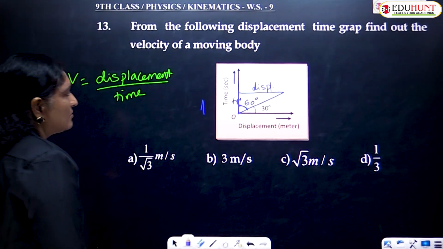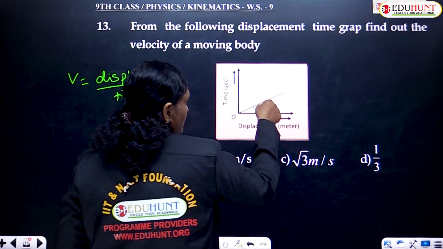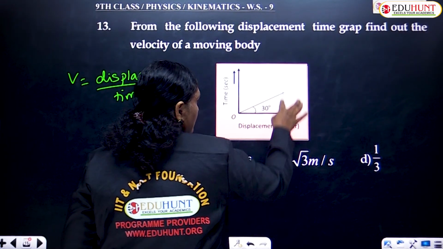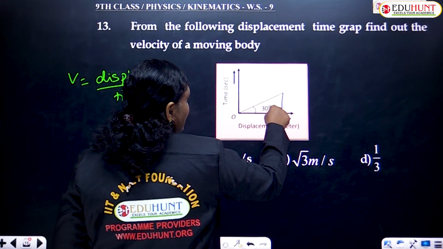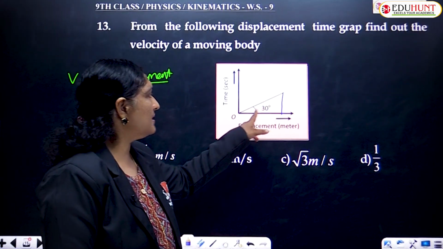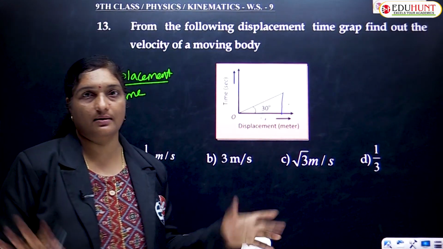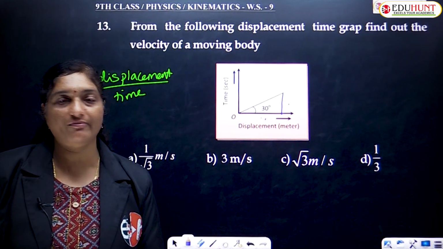From that you have to consider tan 30. Suppose you consider only 30 degrees, then you will get tan 30 as time by displacement, since tan 30 means opposite by adjacent. But time by displacement does not give velocity.